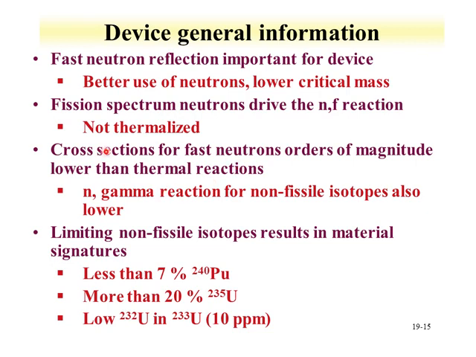The cross sections for the fast neutrons are orders of magnitude lower than for thermal neutrons. Remember when we talked about the fission process for uranium-235, we saw that the thermal neutrons had a much larger cross section. So within material, you tend to have limiting non-fissile isotopes that provide signatures. We've already discussed less than 7% plutonium-240.